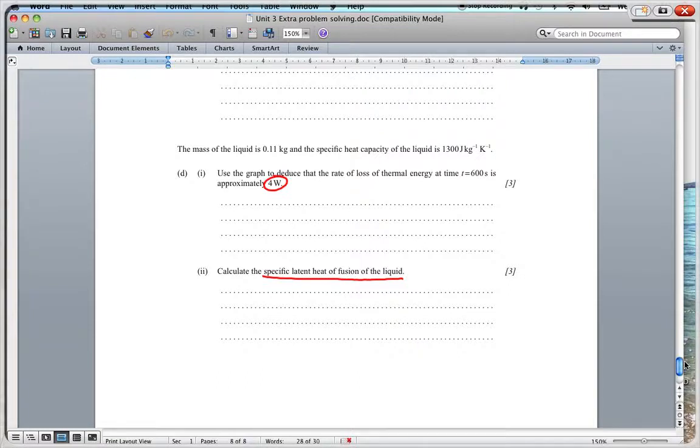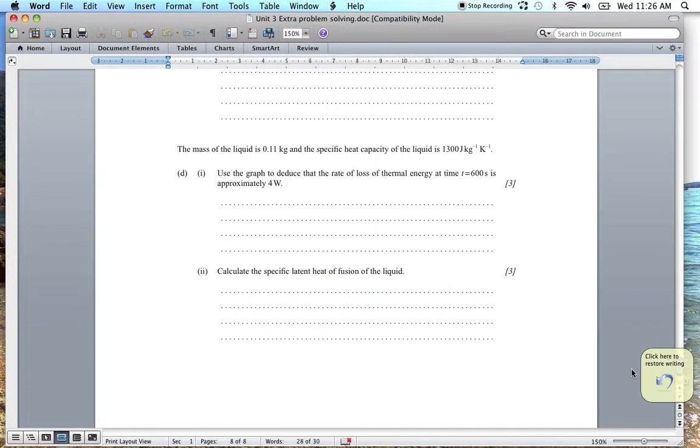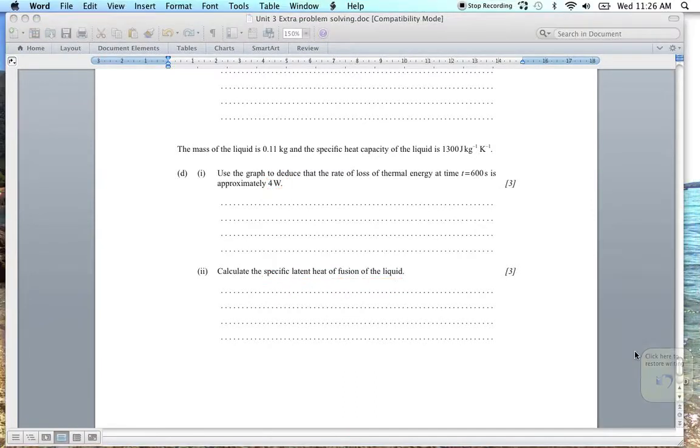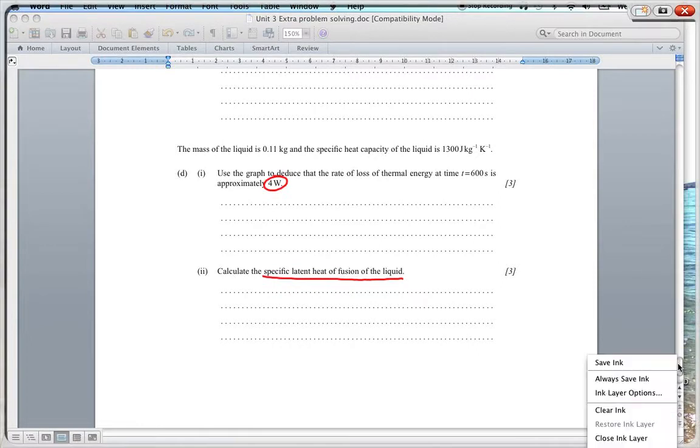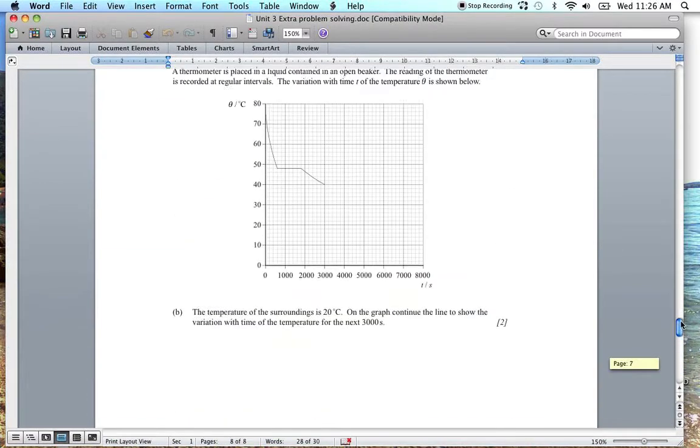So if we can find the time, let's go back to my graph. Sorry, let me get this out here. I'm having a problem with this. Just give me a moment here. There it is. Now I can move it up.